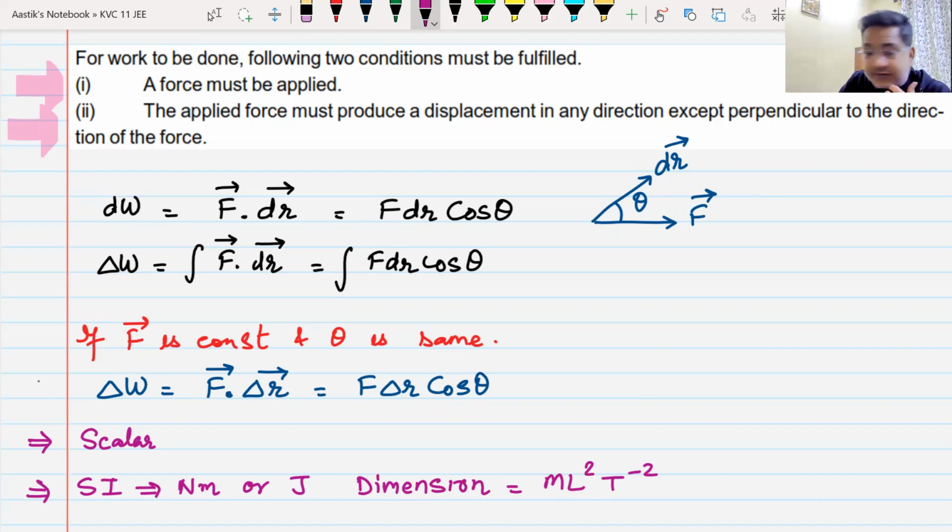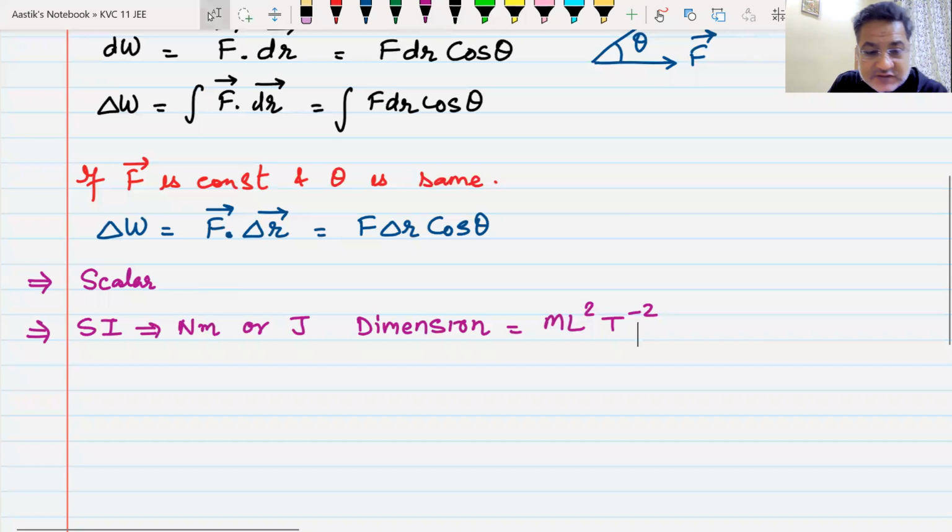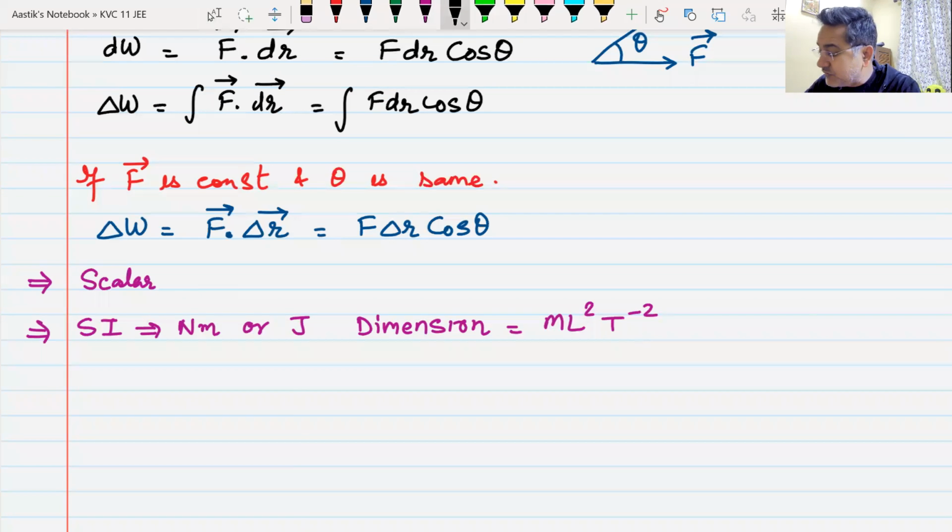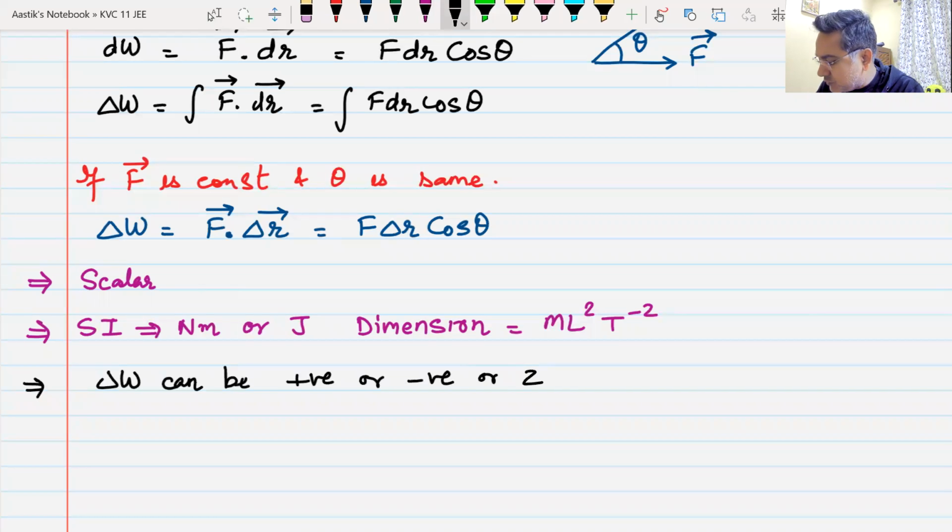What decides whether the work done is positive, negative, or zero? Work done by a body can be taken as positive or negative, or it can also be zero. Even if there is force, even if there is displacement, the work done by the force can be positive, negative, or zero.